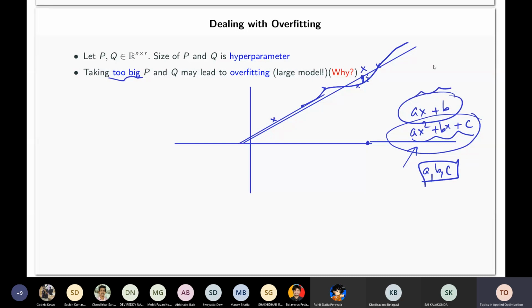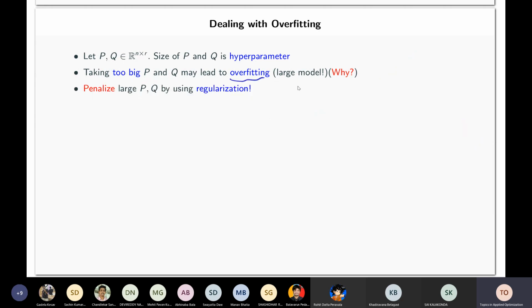In this case, the model is smaller because you only need to store A and B. Now the same thing goes with P and Q. I have these matrices P and Q. If I use too heavy a thing here, it could be overfitting. I'm not saying always, but it could be. The motivation comes from here: too big P and Q may lead to overfitting.